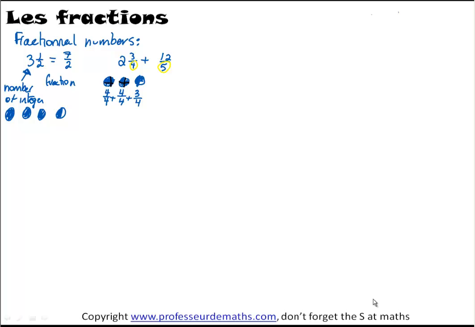So we add all those and we get, since they are all on the same denominator, which is 4, 4 plus 4 plus 3, that's 11/4.